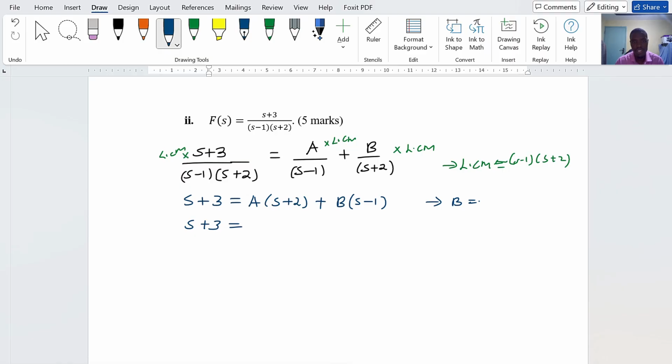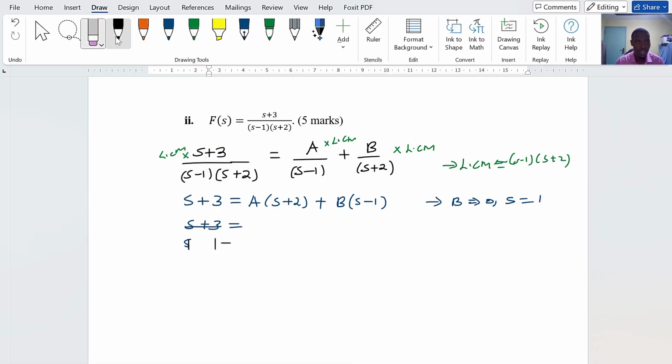To make the b part 0, we say s is equal to 1. So for the b part to be 0, s must be equal to 1. So s is 1, so we solve for a.